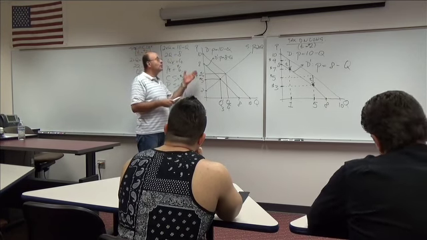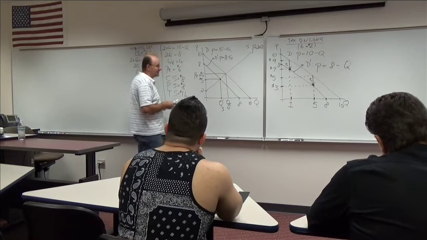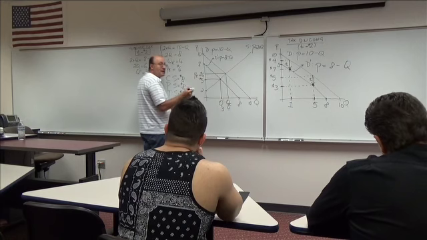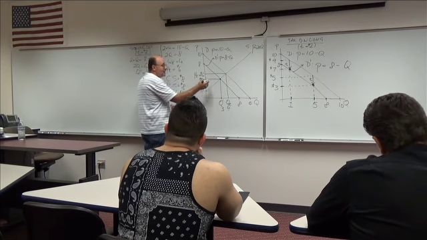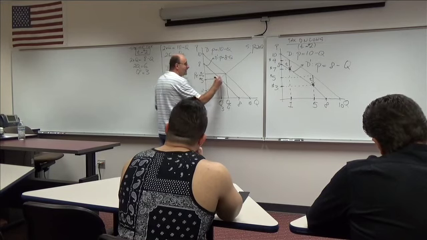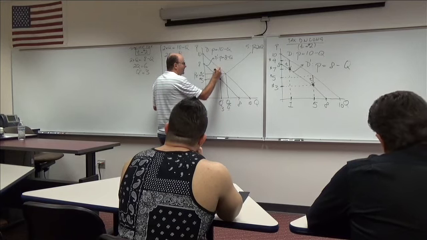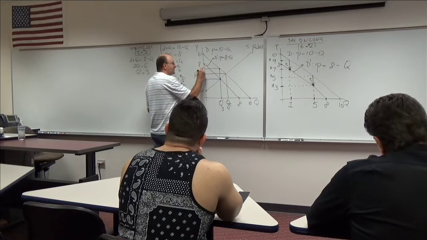So how much is the total amount the consumer pays? $7. 5 plus 2. You can also find that price in this picture by extending this vertical line up, and that gives you $7.